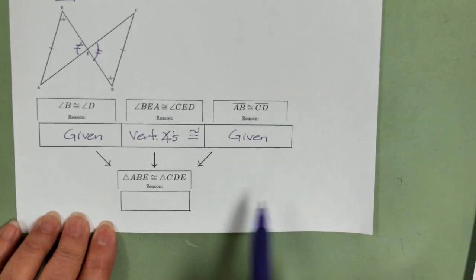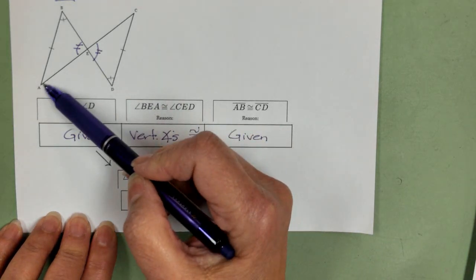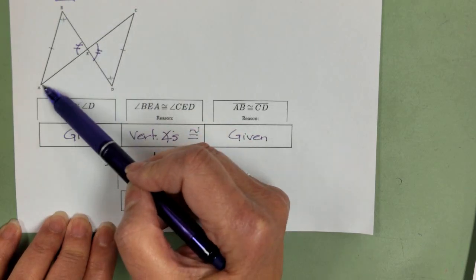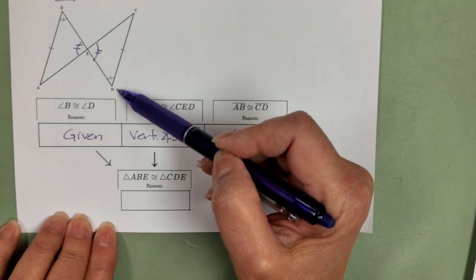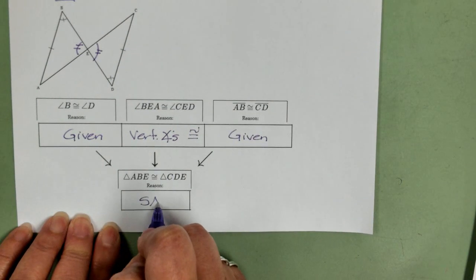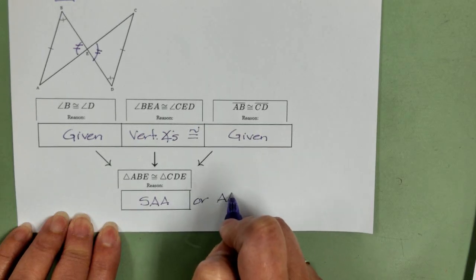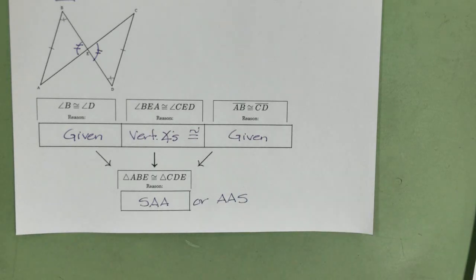So what do I have marked in triangle ABE? Well, if I start at A and go to B, I have side, angle, angle. If I go to CDE, I have side, angle, angle. So my reason for this is side-angle-angle, or angle-angle-side. Either one of those would be correct.